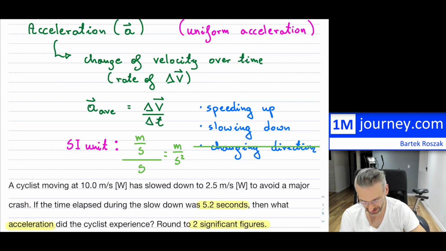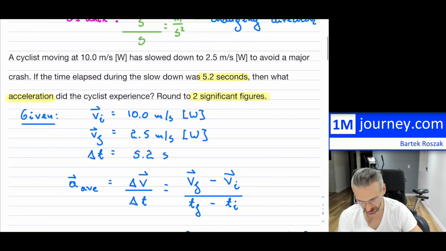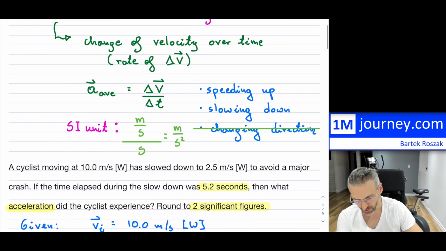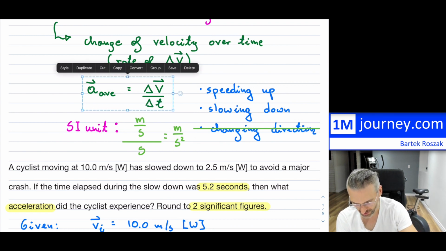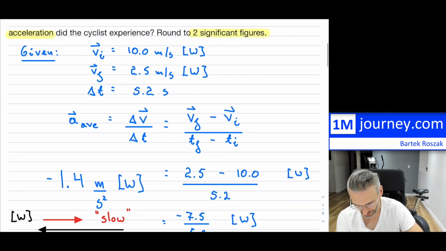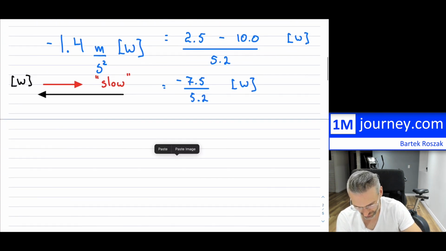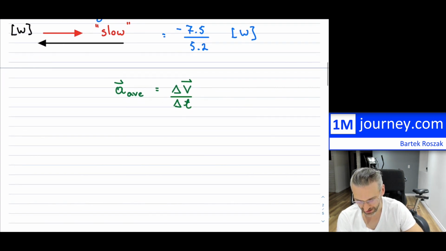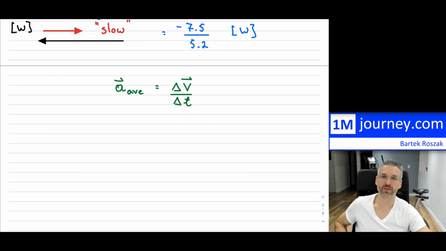Now, in general, as you're heading along, let me copy this particular formula, bring it down, and paste it back. If that's our actual formula, you may recall that when we were studying velocity, we had position time graphs.